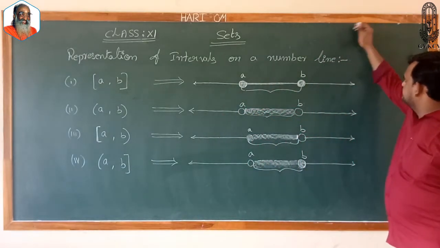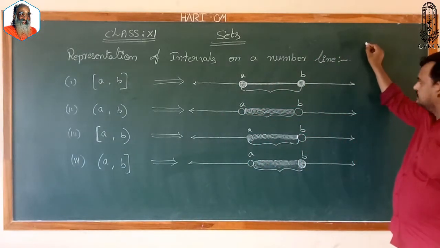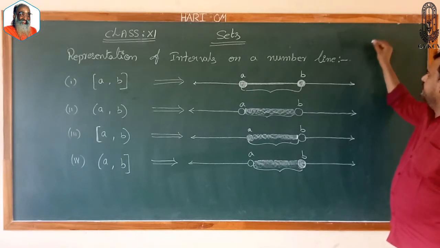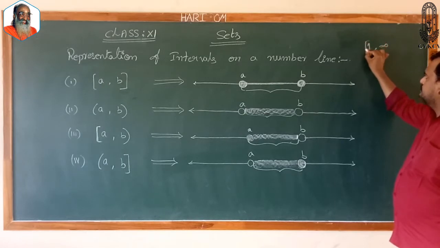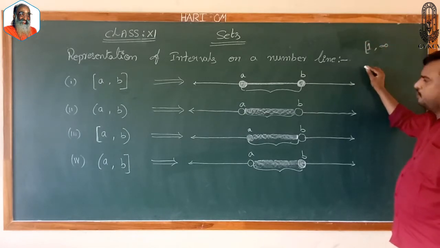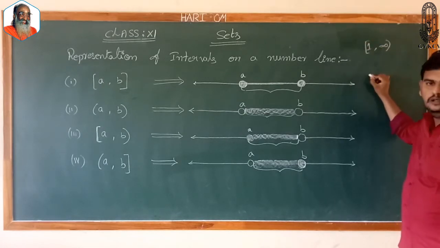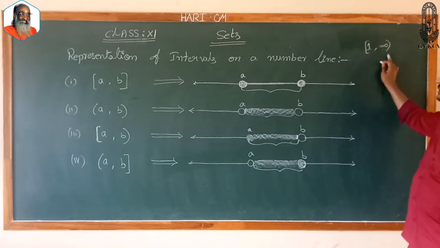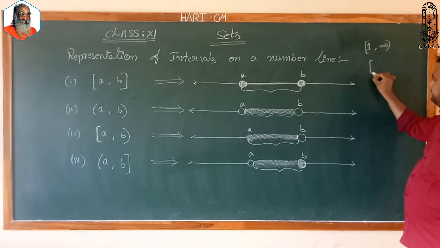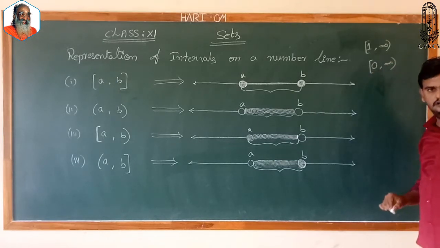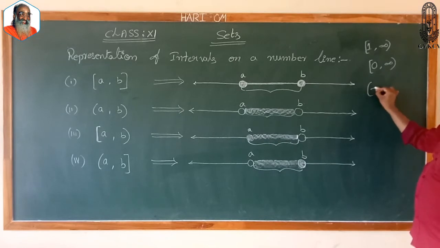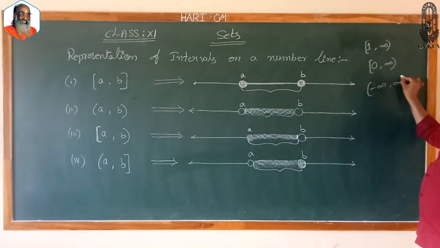For example, natural numbers. If I take 1 to infinity, you use closed at 1 and open at infinity. These are all natural numbers. Whole numbers, closed at 0, open at infinity. Integers, minus infinity to plus infinity.